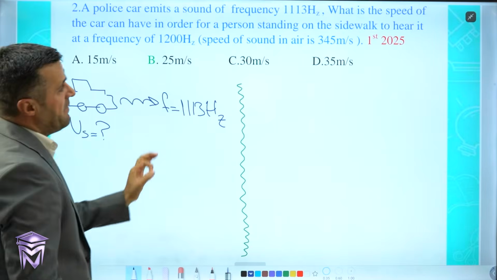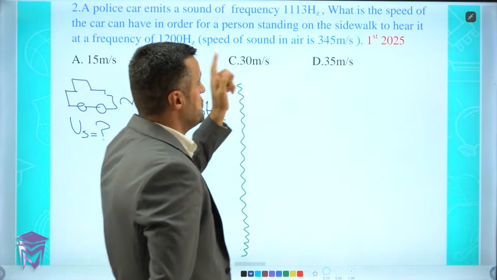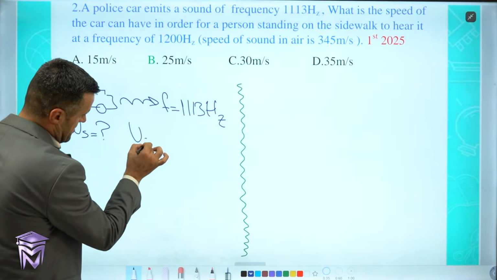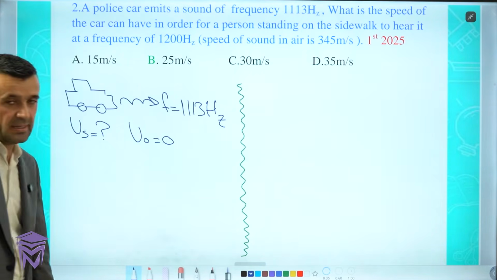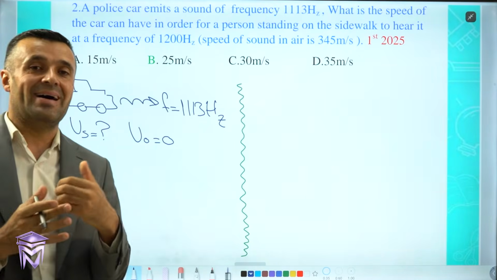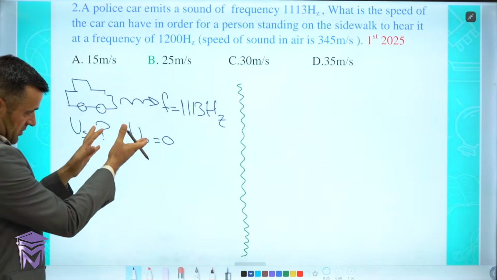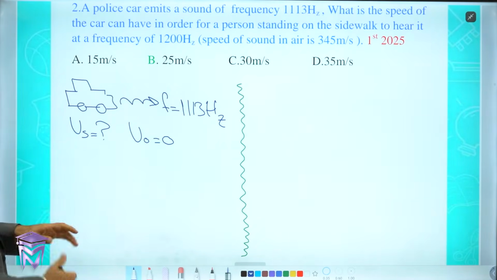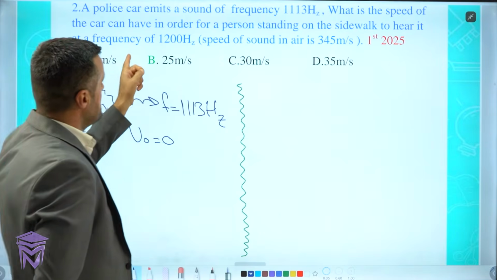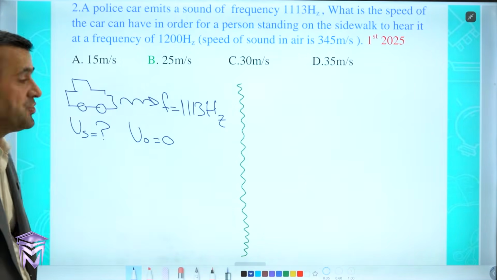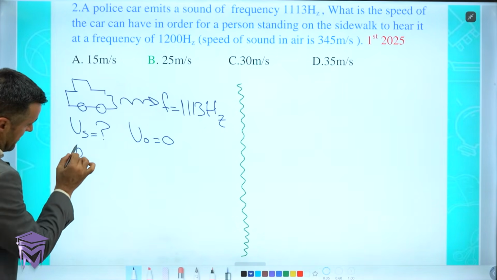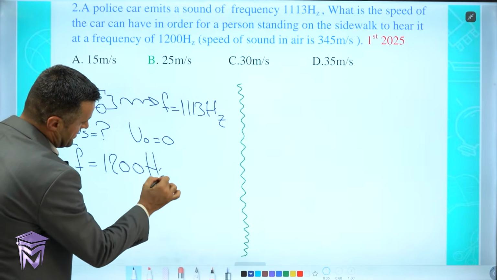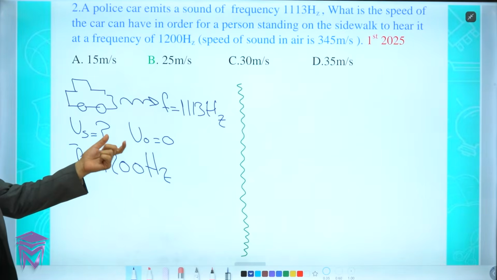When the person is standing on the sidewalk, it means V naught equals 0, or we can say when the observer is at rest, V naught equals 0. The apparent frequency heard by the observer equals 1200 hertz.